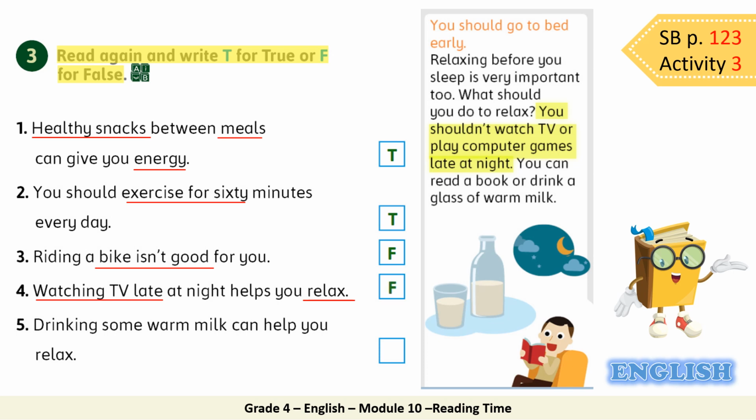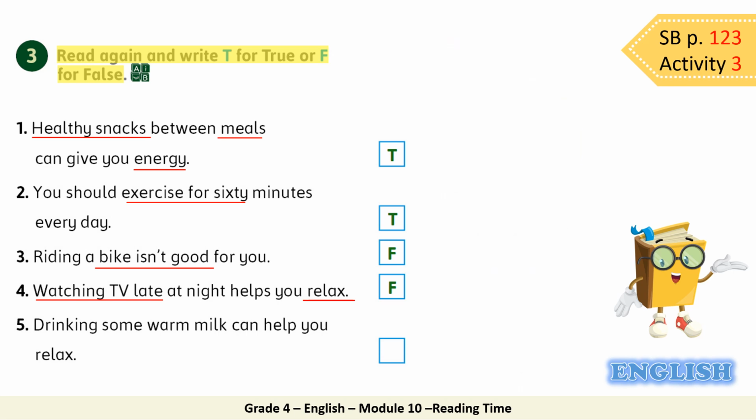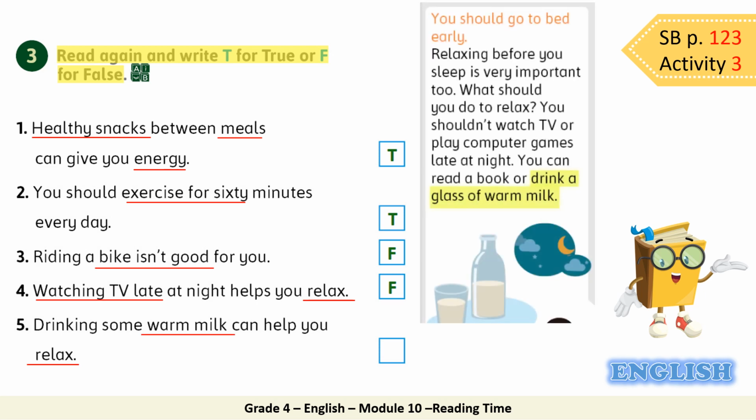So the answer is false. Number 5, drinking some warm milk can help you relax. My keywords are warm milk and relax. Also, the paragraph about going to bed early says you can read a book or drink a glass of warm milk, and this helps you to go to bed early. So, the sentence is true. Great job, everybody.